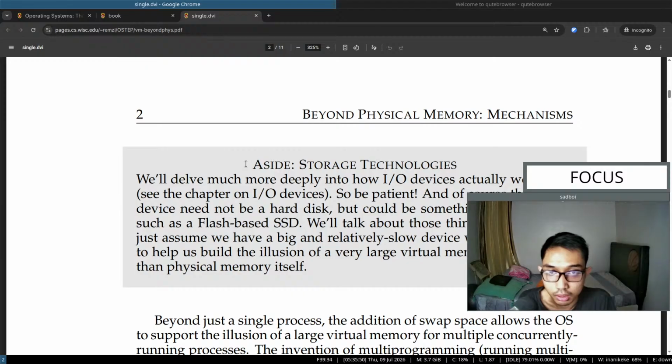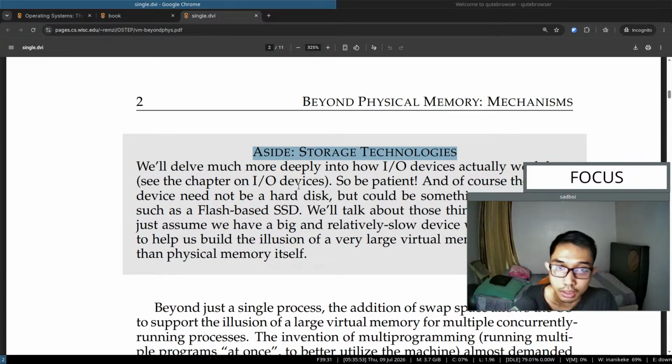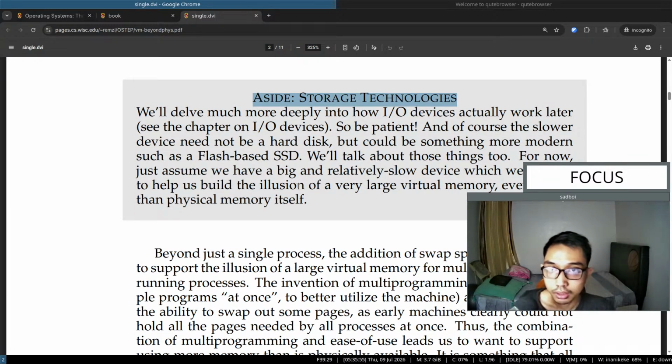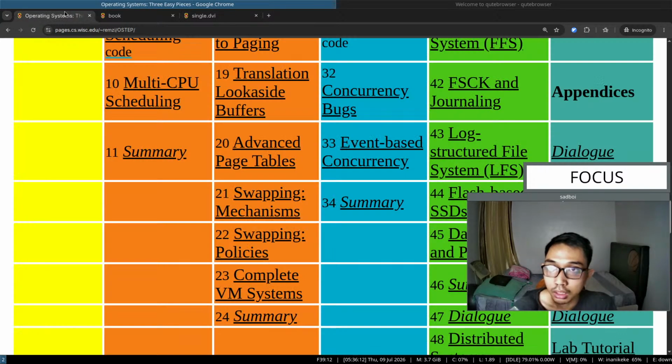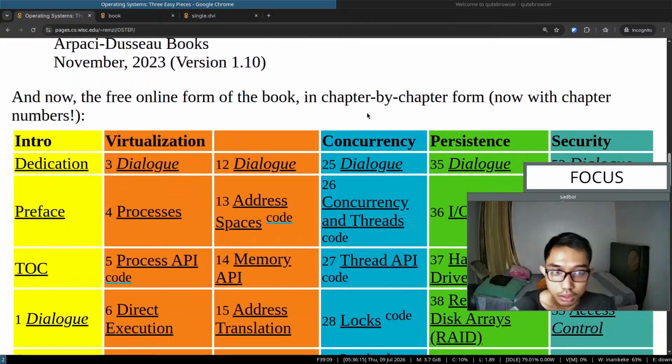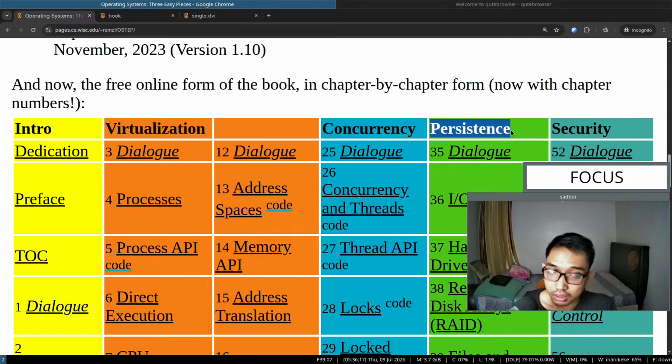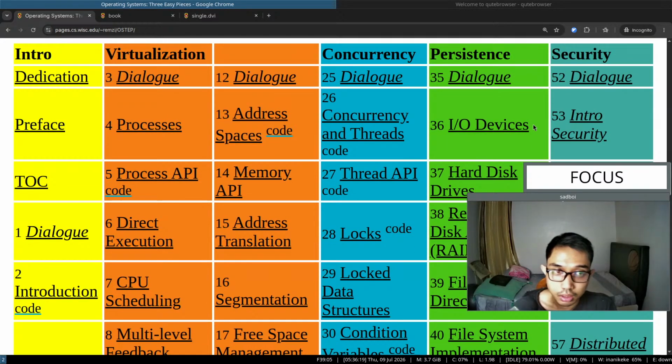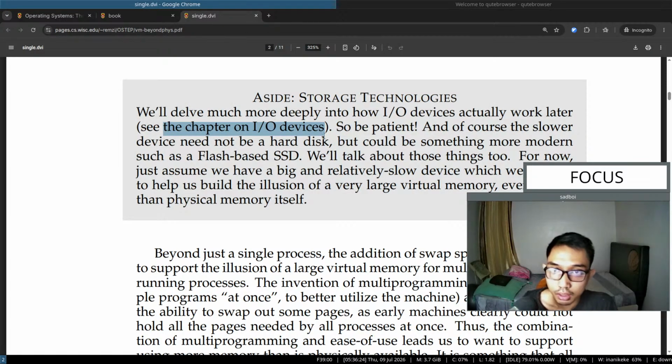Okay, let me read the aside. Aside: storage technologies. We will delve much more deeply into how input-output devices actually work later. See the chapter on input-output devices, chapter 36, on persistent storage.